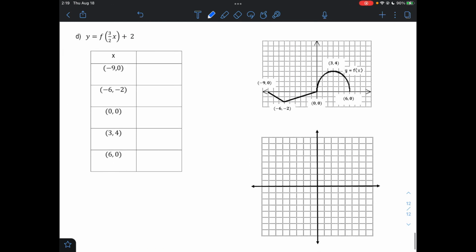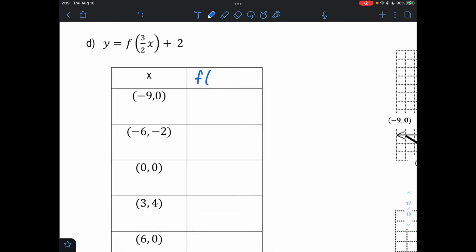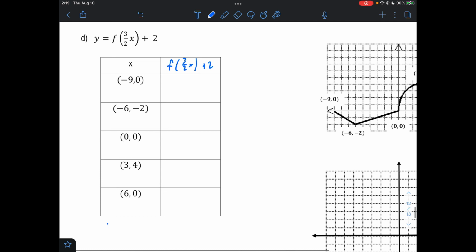So the last one here. F of 3 halves x plus 2. So our rule, xy, is going to go to, for the y coordinates, we're just going to add 2. That's pretty simple. With the x coordinates, remember, we're going to divide by that number, so we're actually going to multiply by 2/3. So it's 2/3 x, y plus 2.